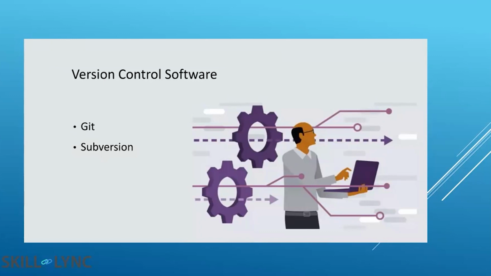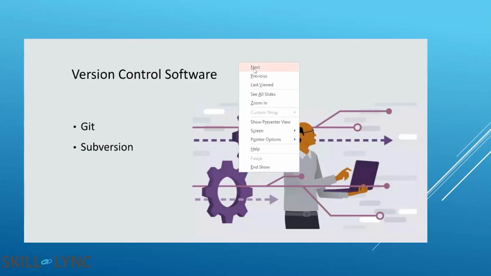Like that, nowadays we have Git, subversions where you can upload, host, and then publish things. All these version control software will take care of your full website. And DevOps is the one who takes care of these things. They don't do coding, they do all these things.